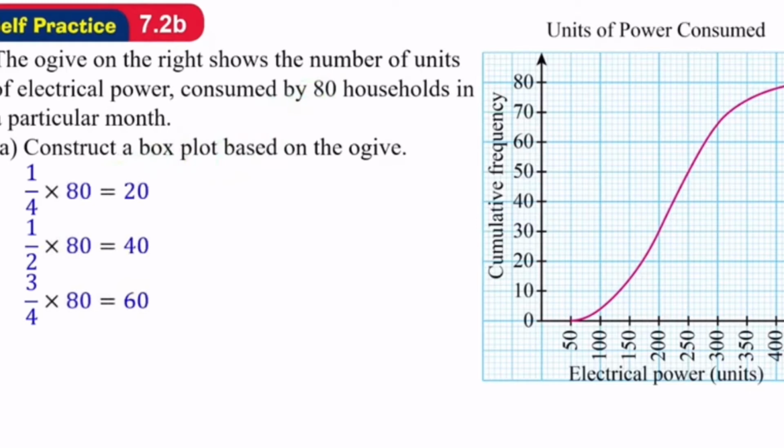So let's go to the graph of the Ogive and read out the first quartile. So for the 20, we'll mark 20, and then we will draw the horizontal line until it cut or intersect the Ogive, and then we will read vertical down to read exactly the electrical power in how many units.